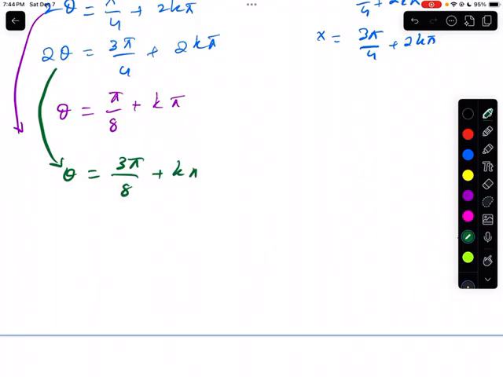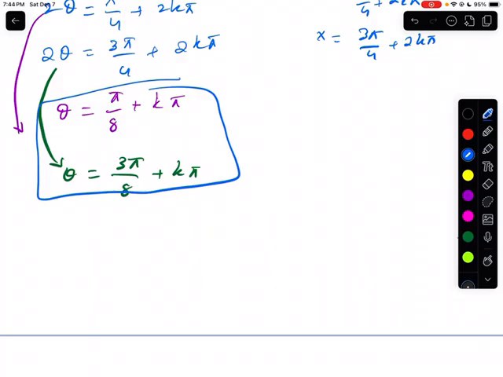Okay, so these two form the general solution. Now for the primary solutions, k is equal to 0 plus minus 1. Don't forget this, please.